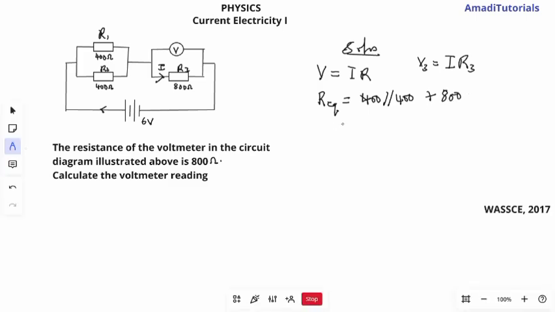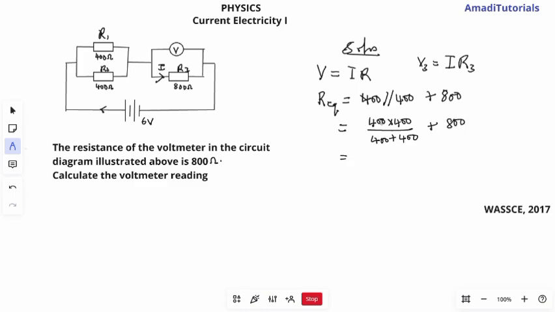Since there are two resistors in parallel, you can do it as 400 times 400 divided by 400 plus 400, then plus this 800 here.